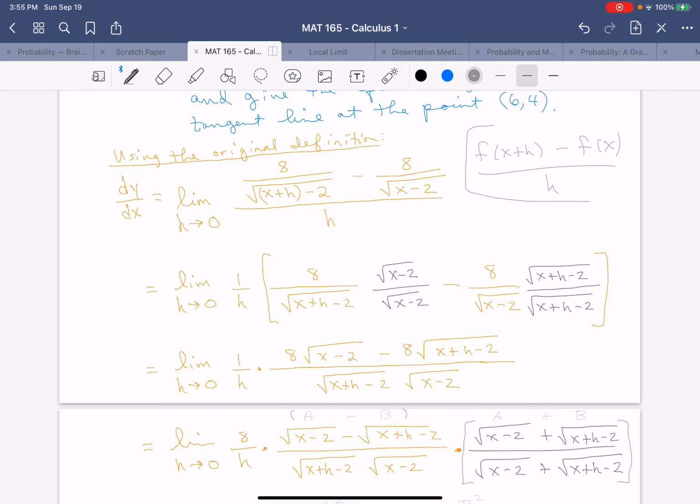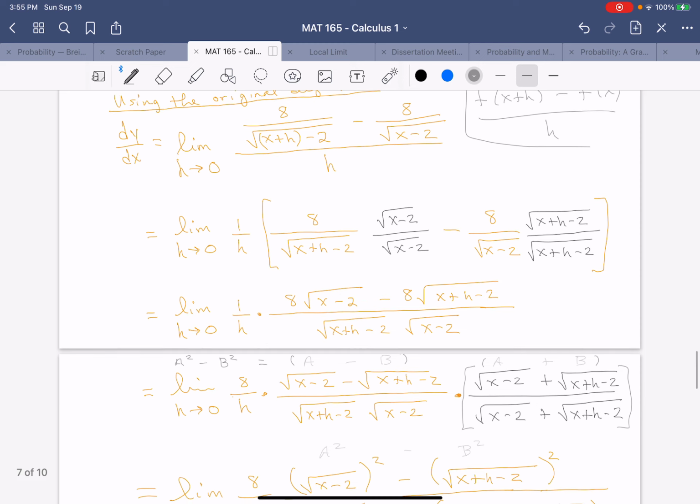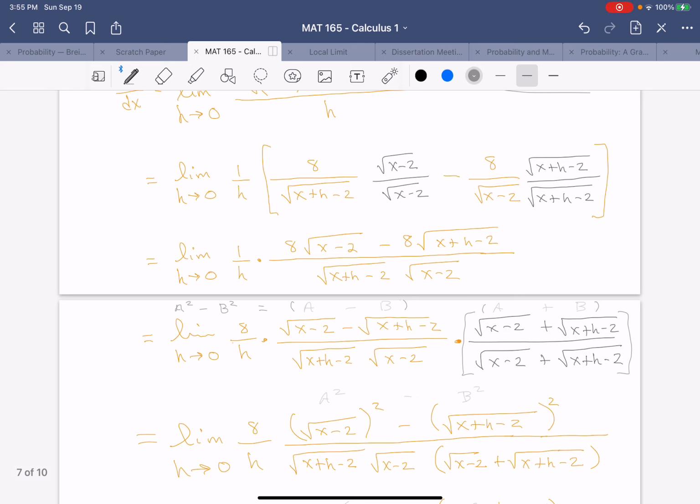So those will be multiplied times each other. Well, if you remember your difference of two squares formula, big A minus big B times big A plus big B is big A squared minus big B squared. And so that's what we're going to see in the next step.